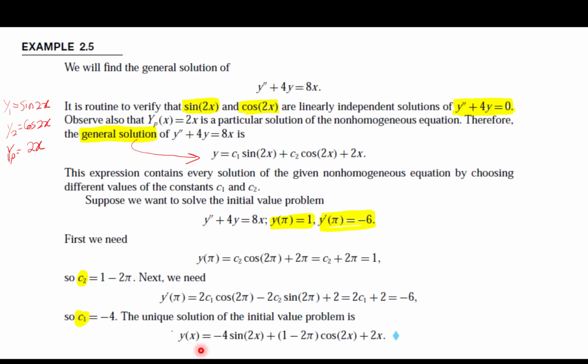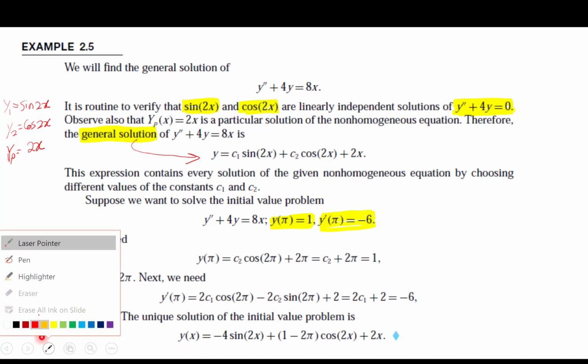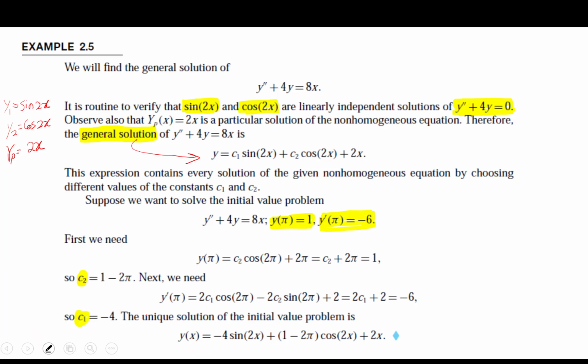Based on this, this is the unique solution. Let me highlight it here. The unique solution of the initial value problem that we are talking about is y of x equal to minus 4 sine 2x plus c2 cosine 2x plus 2x.